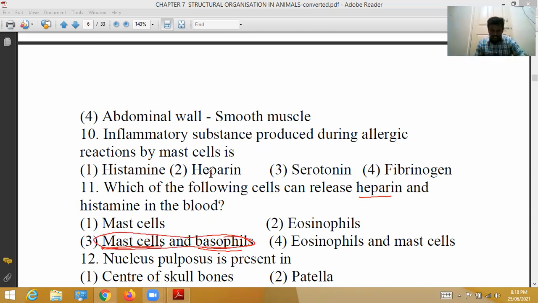For this 11th question, the correct option is the third option. The remaining options, mast cells alone, and eosinophils and mast cells, are wrong. Mast cells and basophils have cytoplasmic granules that contain heparin, histamine, and other inflammatory substances. So the third option is correct.